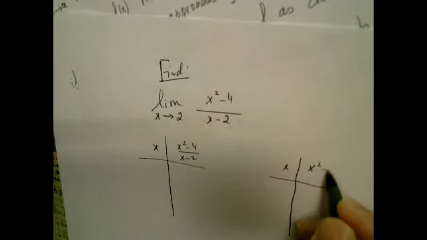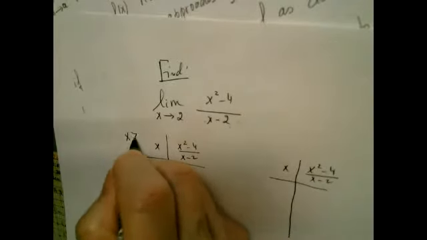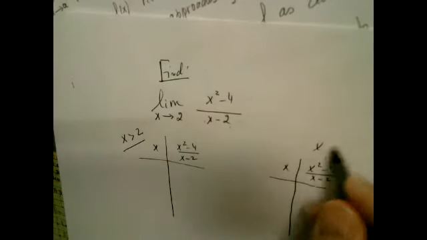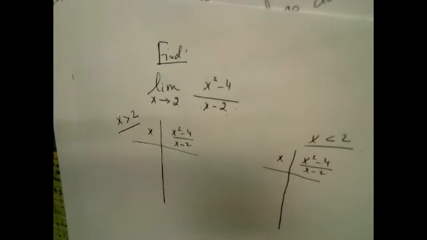I'm putting 2 tables because I want the values of x to be less than 2 and bigger than 2. And the question is, what's going to be the limit?